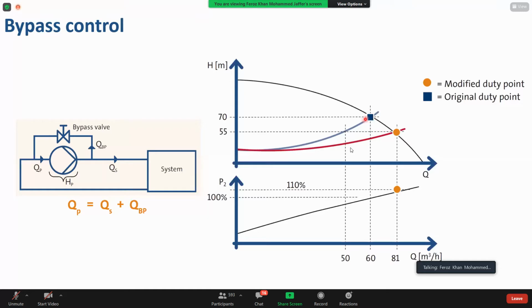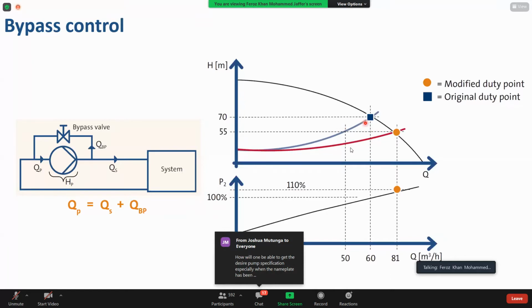So the pump is operating here. If we open the bypass valve, what will happen? There will be excess flow. Some of the flow in the line will come back to the pump. So in this process, we are reducing the system resistance. We are increasing the flow, we are reducing the system resistance.